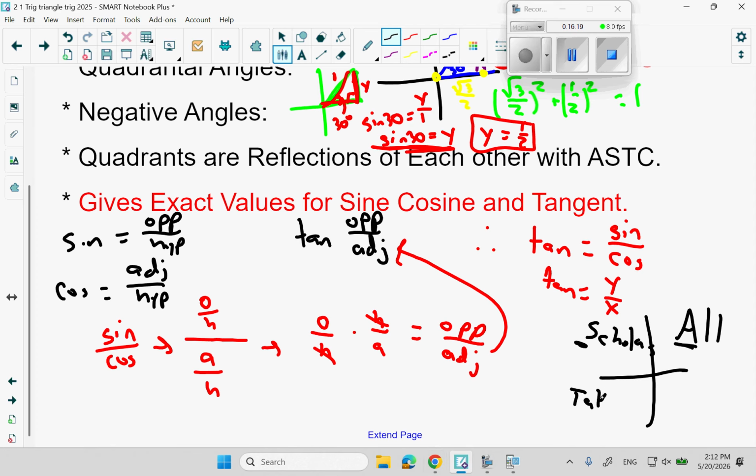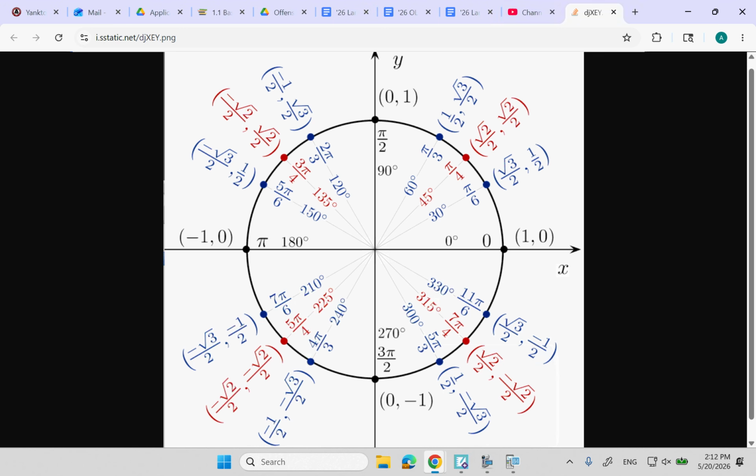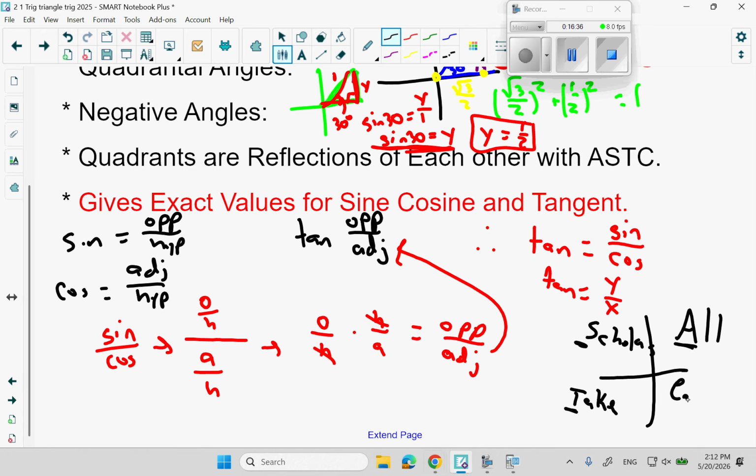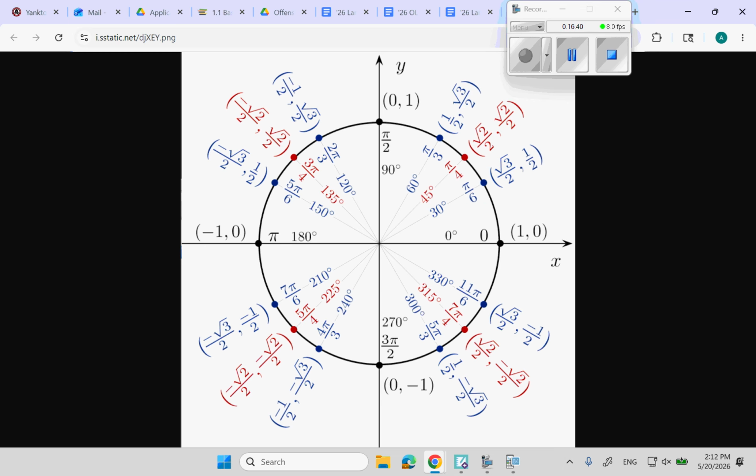Take is quadrant 3. As we can see, my x's and y's are both negative down here. But tangent is y divided by x, so it's a negative divided by a negative, which would be a positive value. And then calc. You'll see that all the x values are positive, so the cosines are positive there.